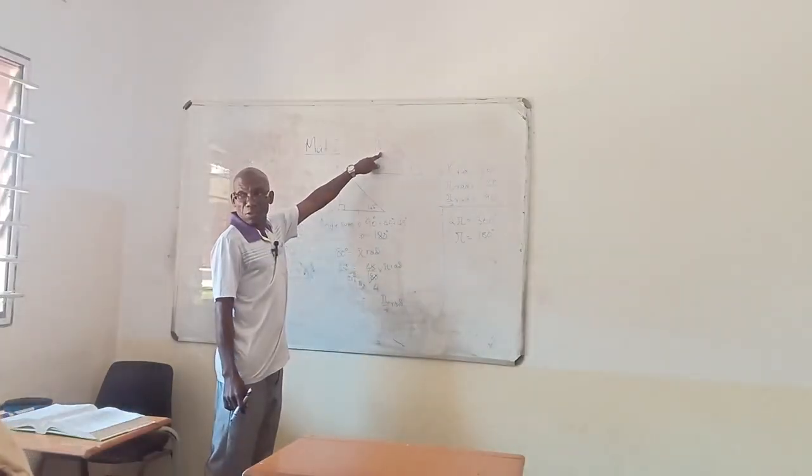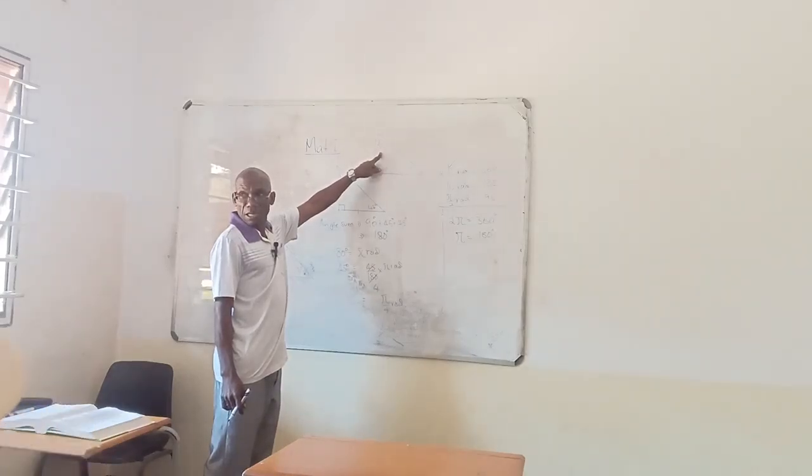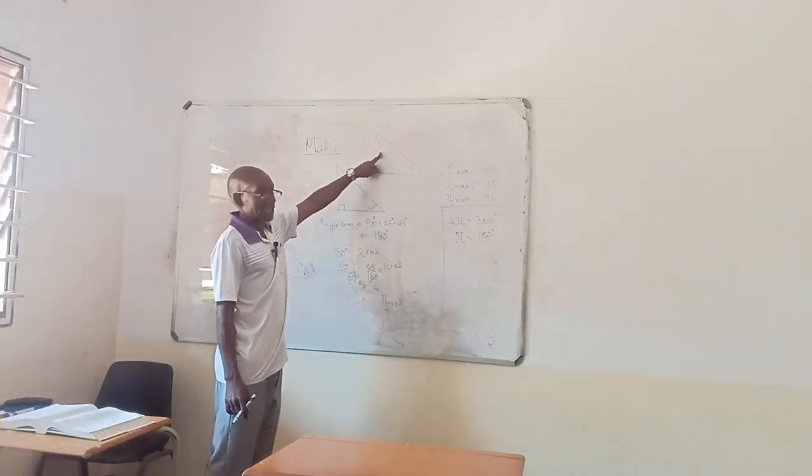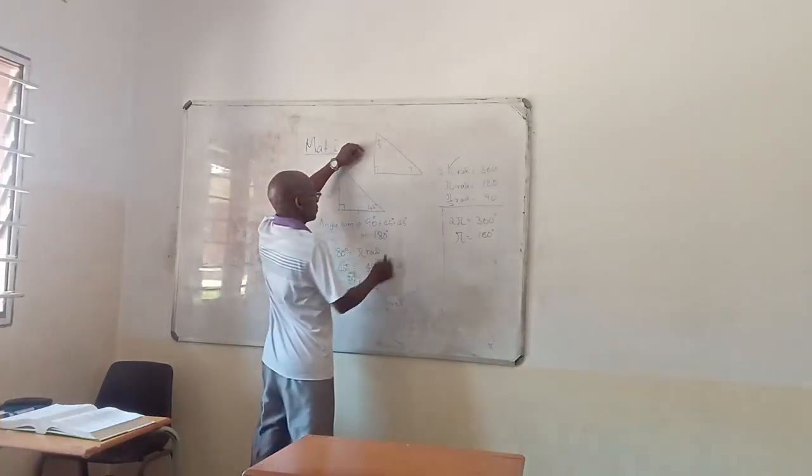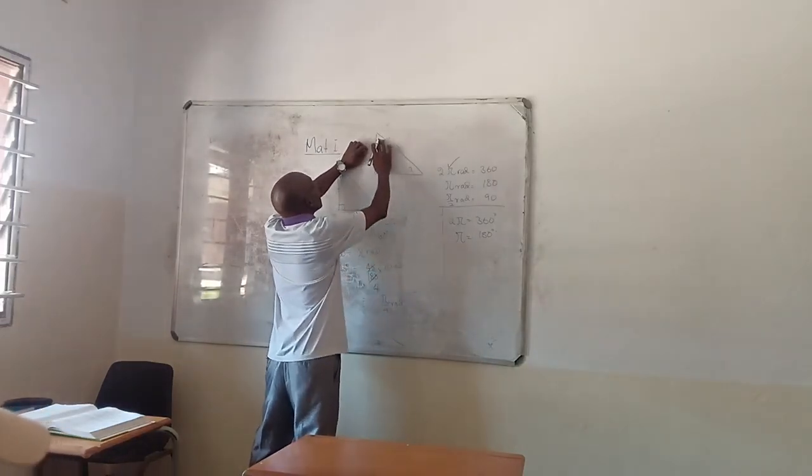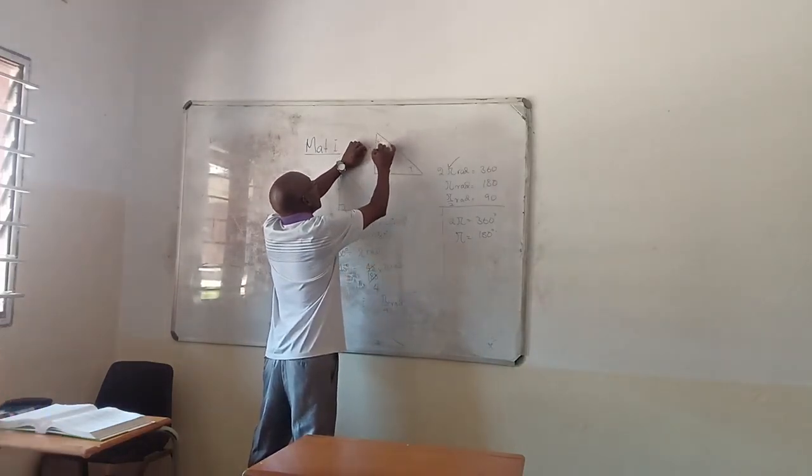Pi over 3 is equal to 180 divided by 3, which is 60. Pi over 3 is 60 degrees. So this will be 60 degrees.